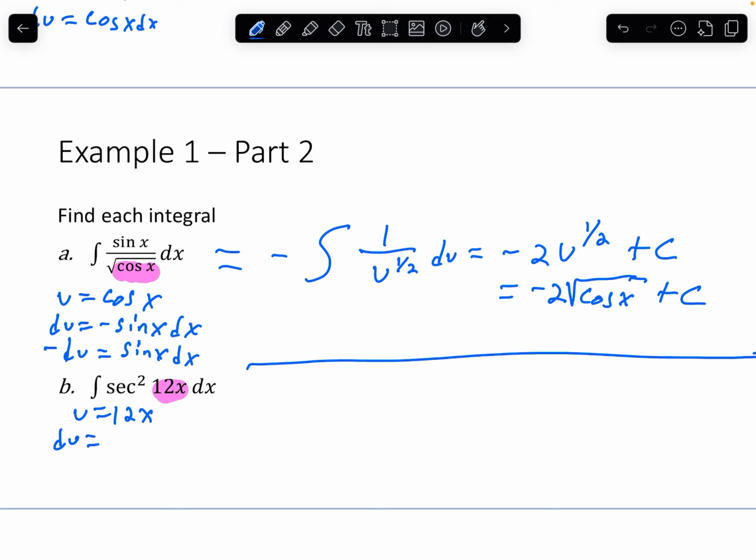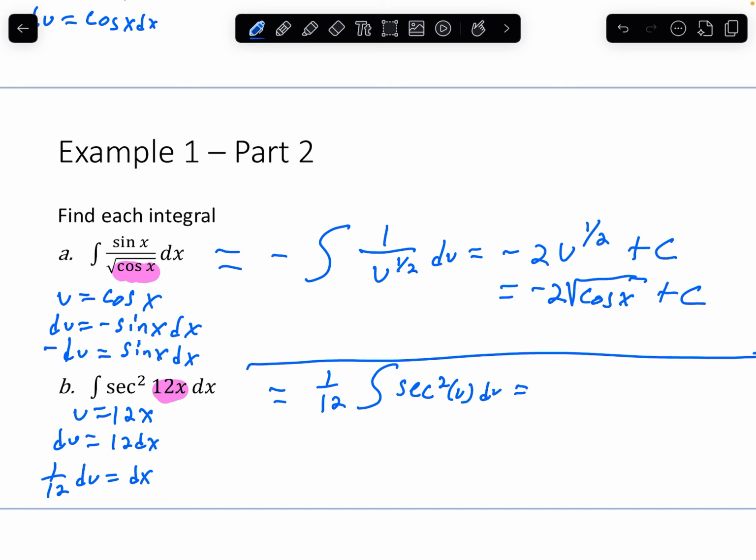The derivative of u is 12 dx. There's no 12 outside of the trigonometric function, so divide by 12. This makes 1/12 du equal to dx. Applying this, 1/12 times the integral of the secant squared of u du.